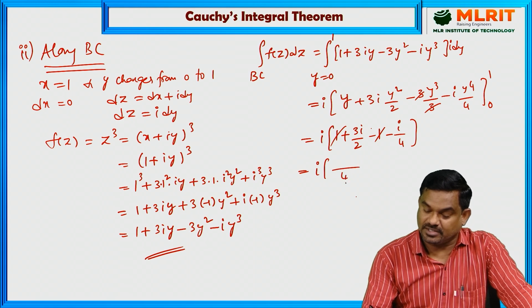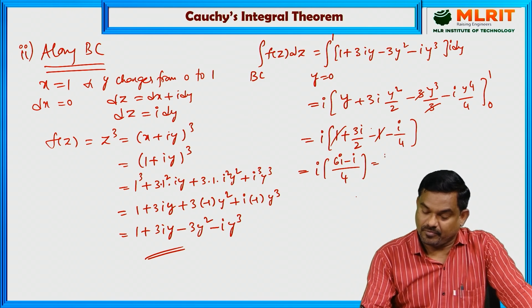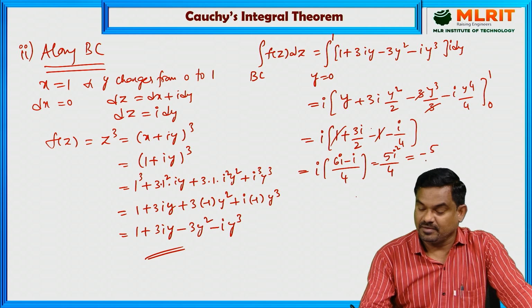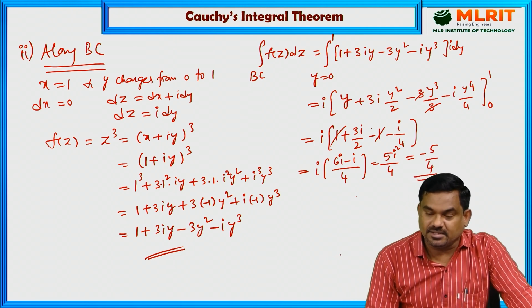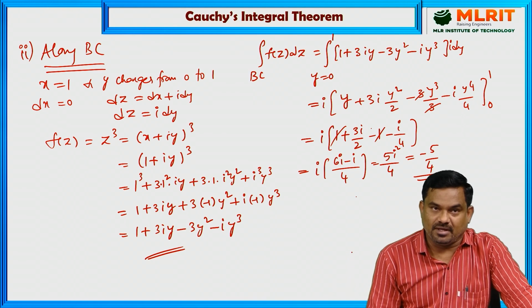So, 4 LCM, 6i minus i, so 5i square by 4, which is minus 5 by 4. So the second result is minus 5 by 4. The line integral along BC is minus 5 by 4.